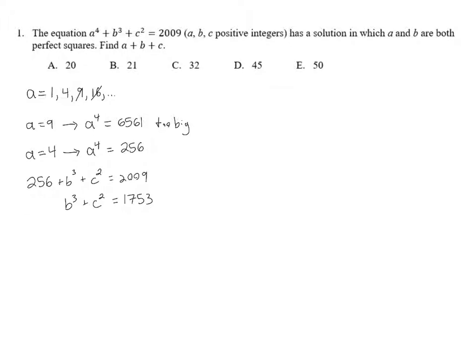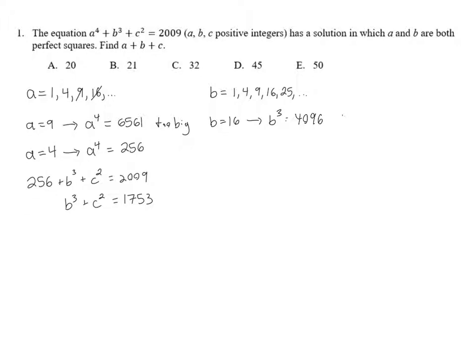Now let's take a look at b. We know that b is also a perfect square, so b could be 1, or 4, or 9, or 16, or 25, etc. And a little bit of trial and error will help again here. If we try b equals 16, then b cubed is going to be 16 cubed, which is 4,096.